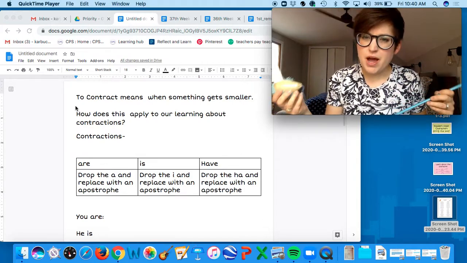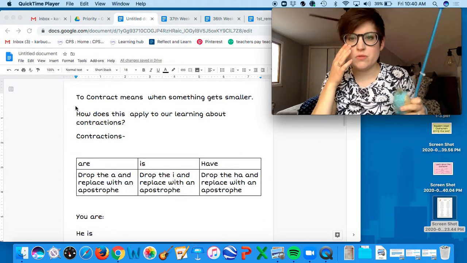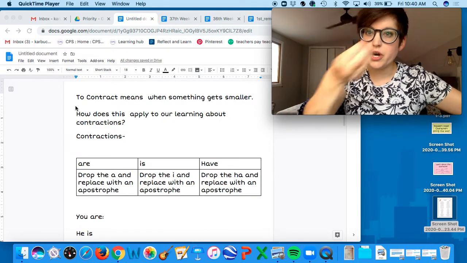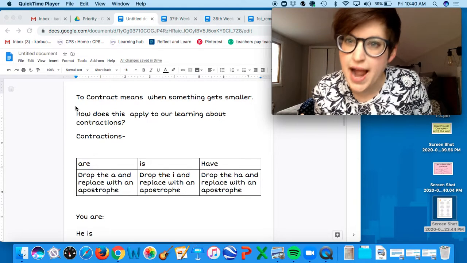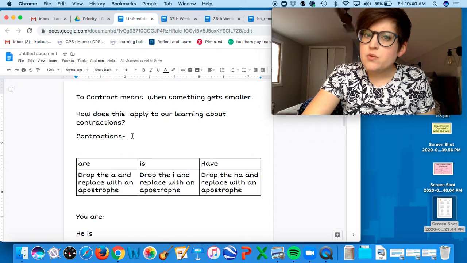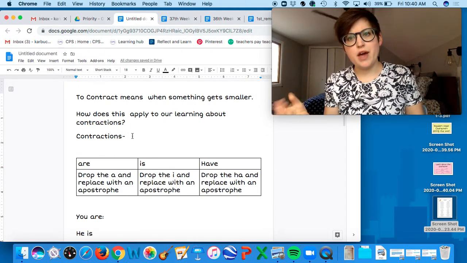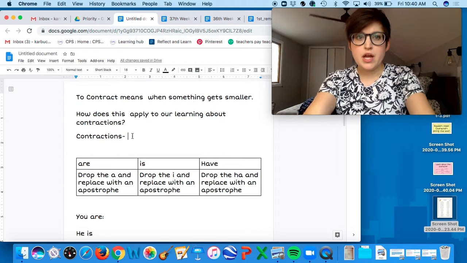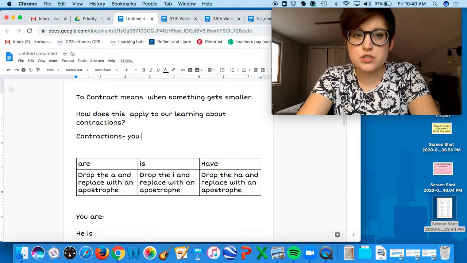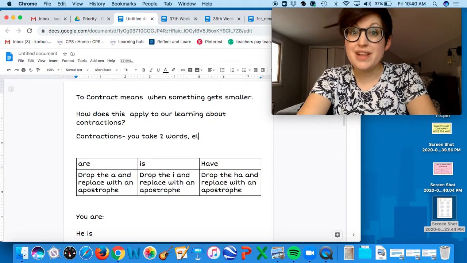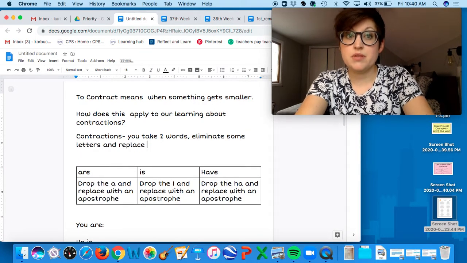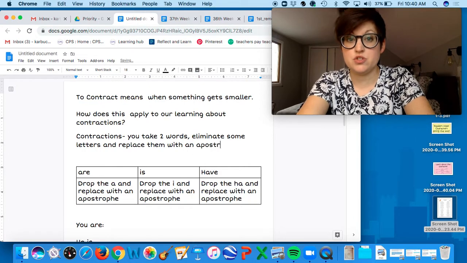Now, I want you to think about what this might mean in terms of the word contraction. How does this idea of getting smaller apply to the idea of contraction? So, I want you to think about that really quick. And when I thought of how the word contract means to get smaller, I was immediately reminded that a contraction is when you take two words, you eliminate or get rid of some letters and replace them with an apostrophe.